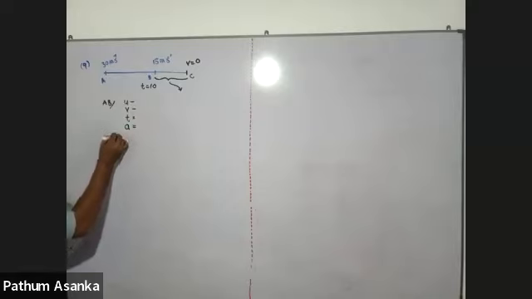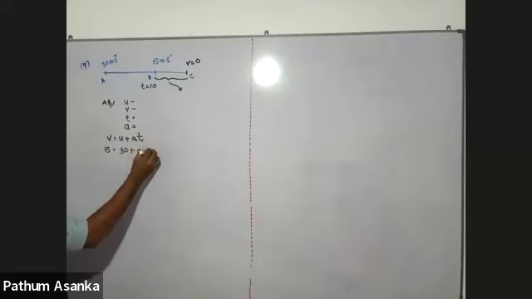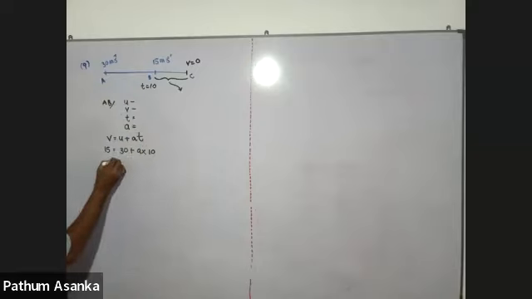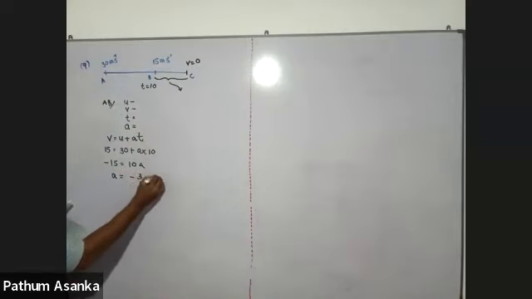Using these given data, I use this equation. When I substitute the values, I obtain the value for acceleration, which should be equal to minus 3 over 2.